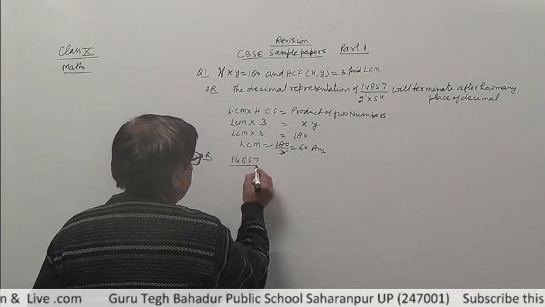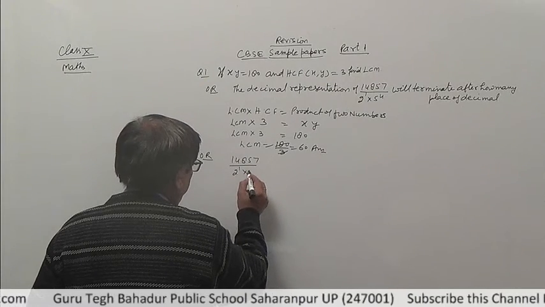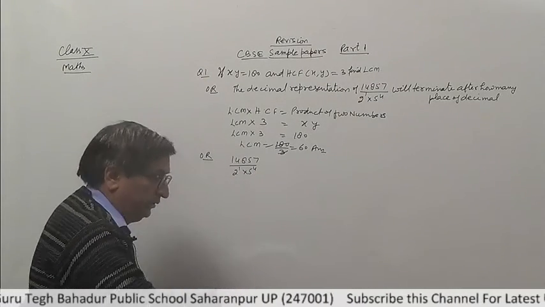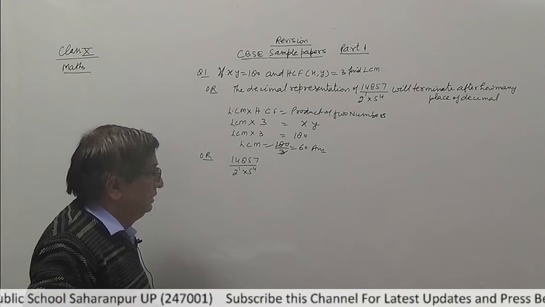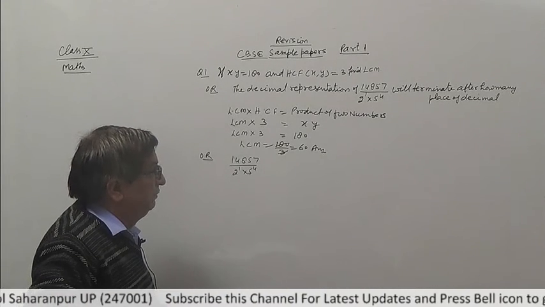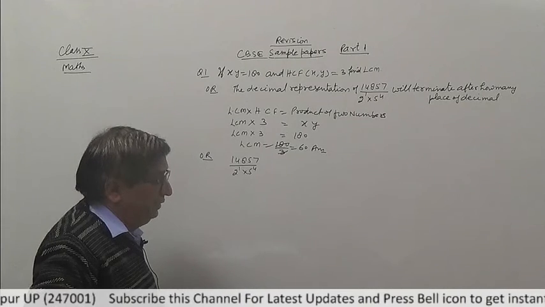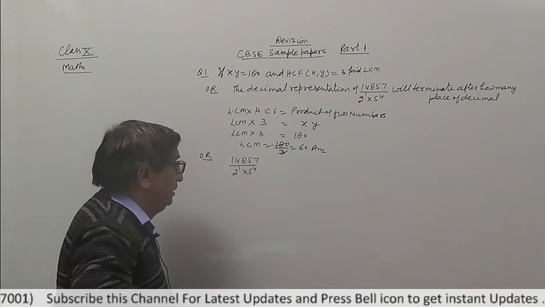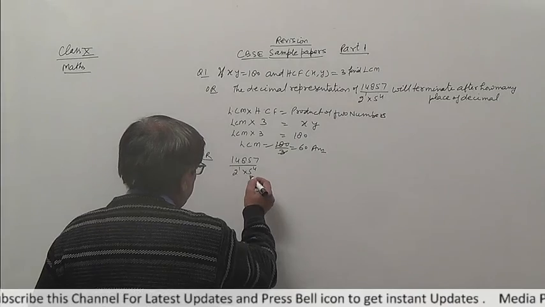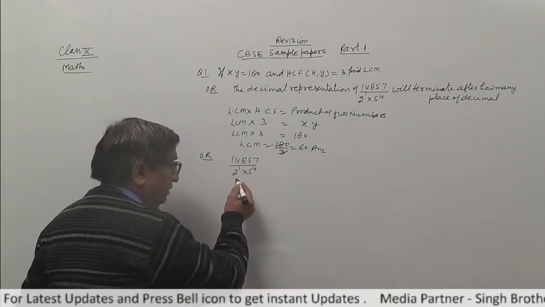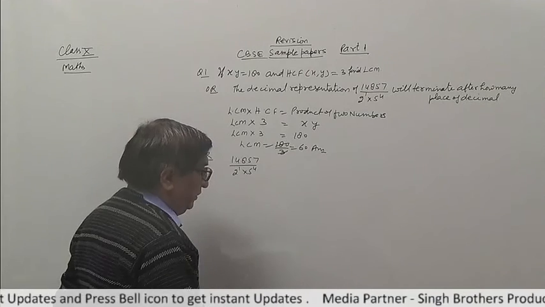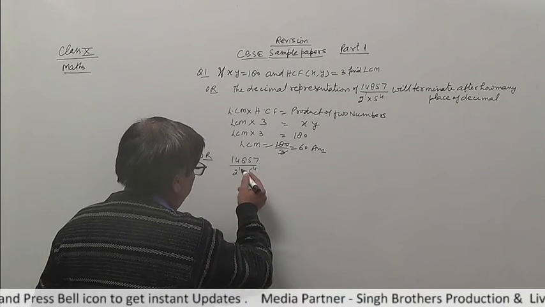Or part, it is 14857 upon 2 power 1 into 5 power 4. We will find the decimal representation and find after how many places of decimal it is terminating. You see the highest power of 5 is 4. So we make this power of 2, which is 1, into power 4.